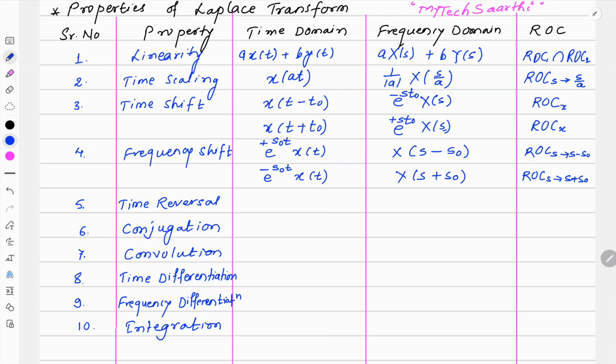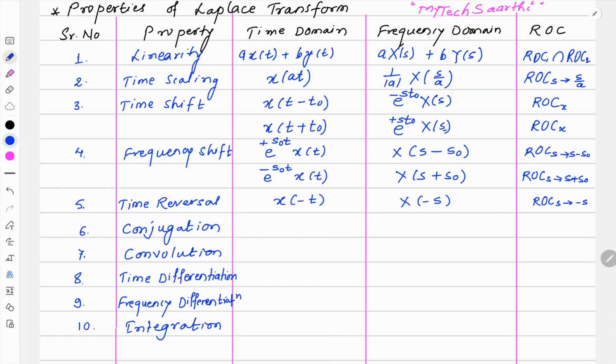The next property is time reversal. If we reverse the signal, it is folding operation. If it is x of minus t, we get x of minus s. So here ROC will be opposite of the original ROC. So we can say that in ROC you have to replace s with minus s.